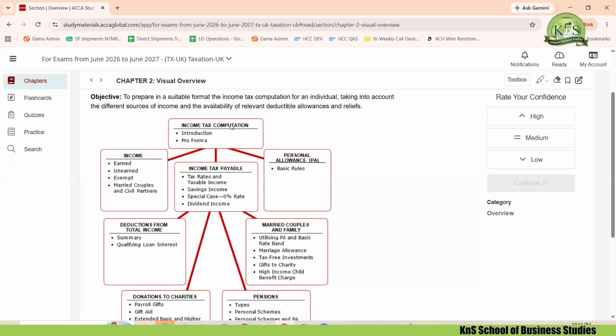There is some person who has property and rents it out. He is not doing a job or business, he is renting out property, which means he has property income. There is a person who is retired, with savings income. A person who has shares in a company will be earning dividend income. So there are different sources of income.